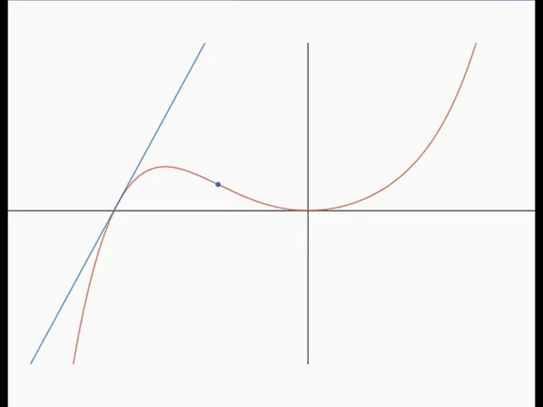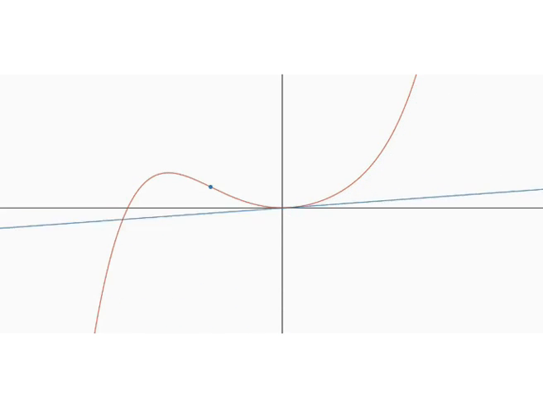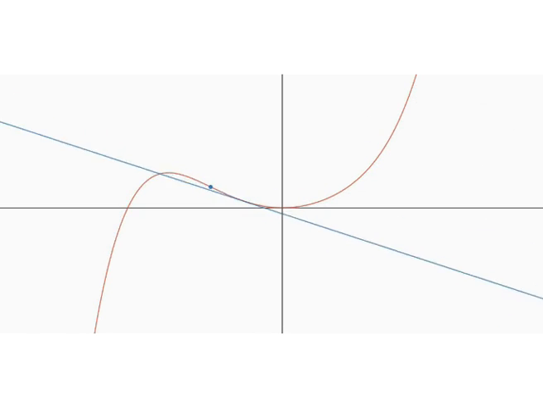Okay? What I want to show you that's more important is an animation showing multiple tangents to this graph as we move along the graph. So what we're doing in this animation is plotting tangents at many different points along this graph.